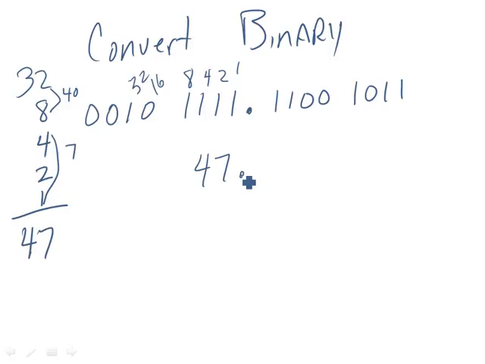in fractional numbers, right? So this is 0.5, 0.25, 0.125, 0.0625, 0.03125, 0.015625, I believe.